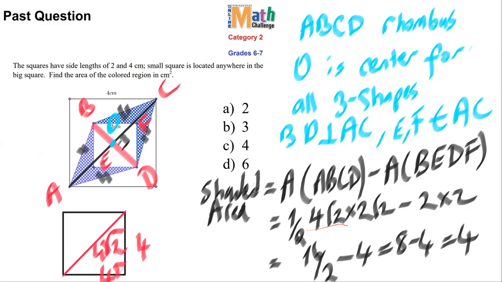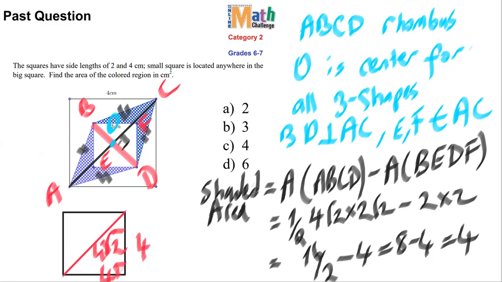Here we need to know how to deal with square root numbers. Square root 2 times square root 2 is 2. 2 times 2 is 4, and times 4 is 16 over 2. When we simplify, we get 8, the area of the rhombus, and 4, the area of the little square, and their difference is just 4.